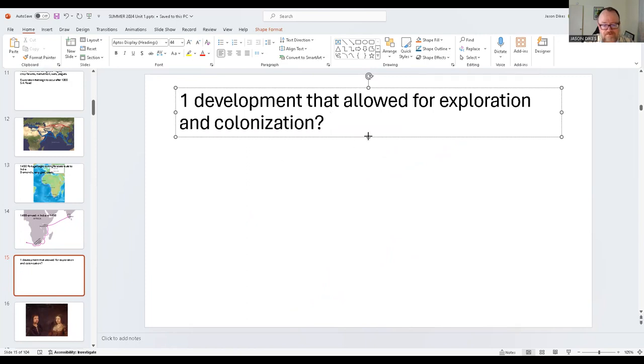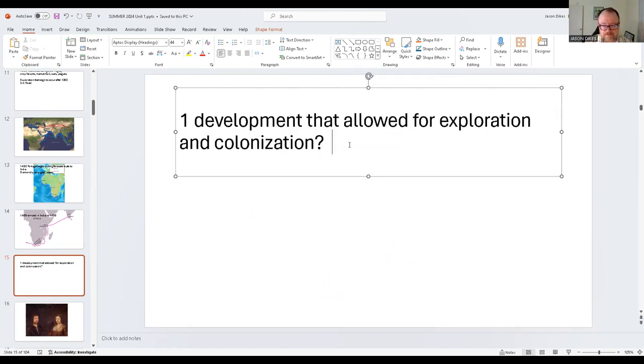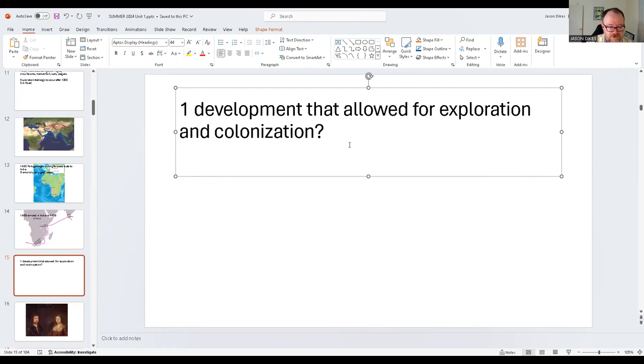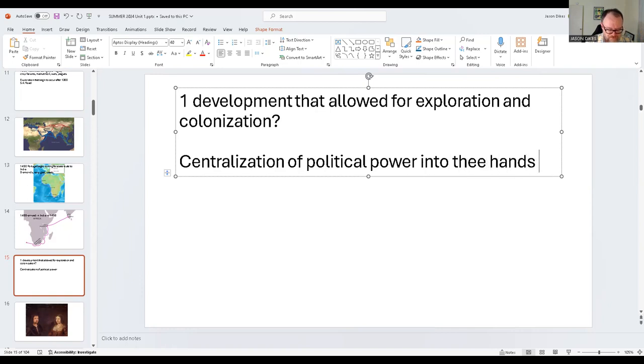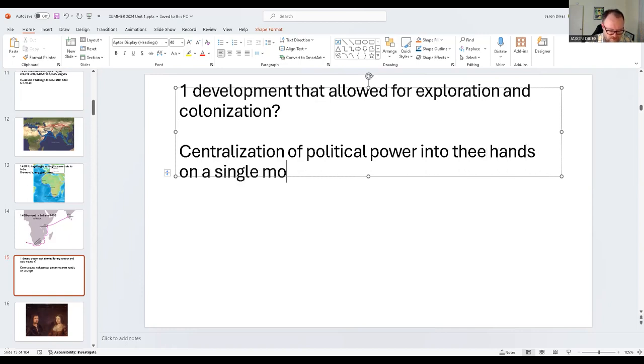It's not gold. It's not money. It's not the blessing of the church. It is the centralization of political power into the hands of a single monarch. Okay?